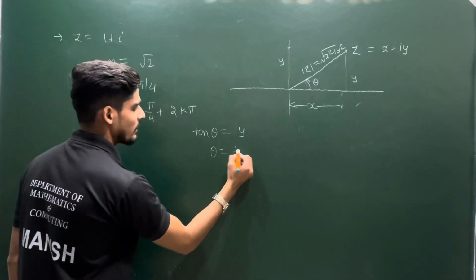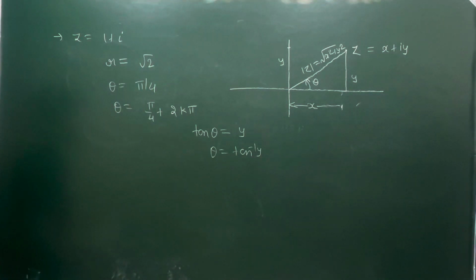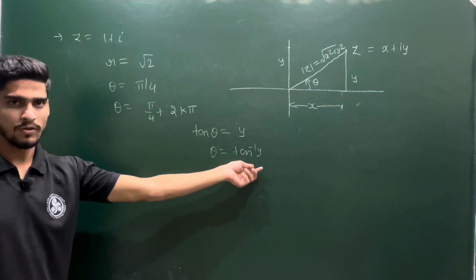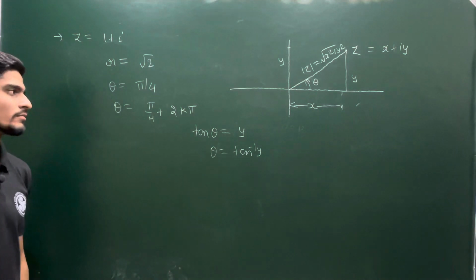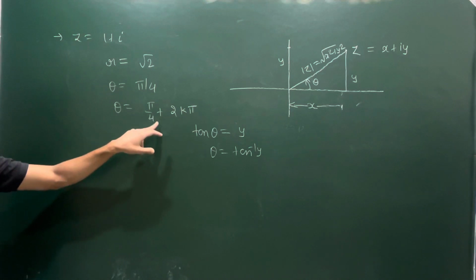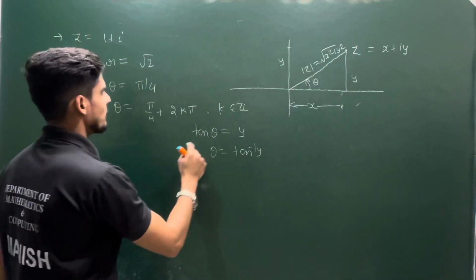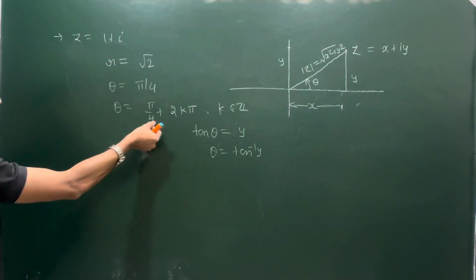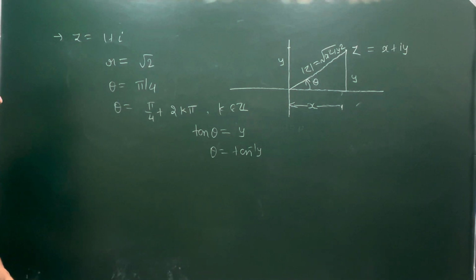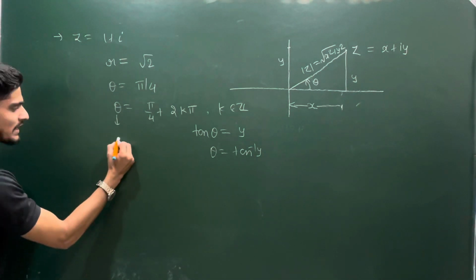Your theta will be tan inverse y. This you have done in your school time. So you can observe this theta will be pi by 4 plus 2k pi, where k is an integer. So if you give me this theta, I will give you a more generalized theta. So this theta is called the argument, and this is multiple valued.